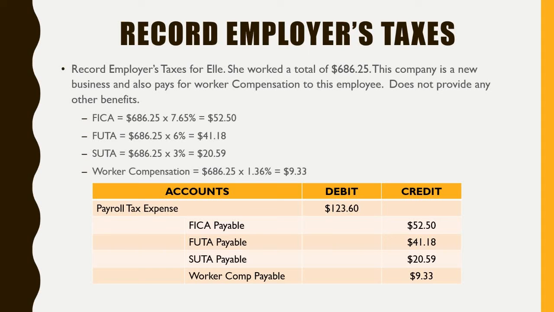So therefore, we're going to identify these, right? All of these are going to be liabilities as well, because you are going to make a payment to the federal government, the state government, and for workers' compensation, you're going to be making payments to a workers' compensation agency. In Nevada, we have Gen X, if you ever heard of them.